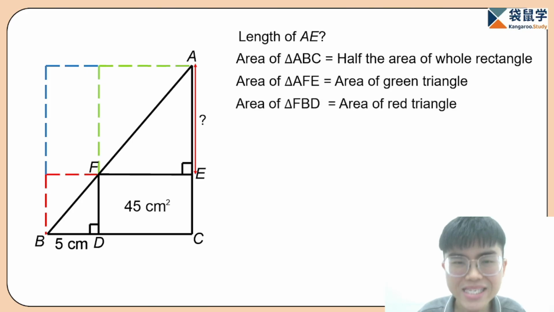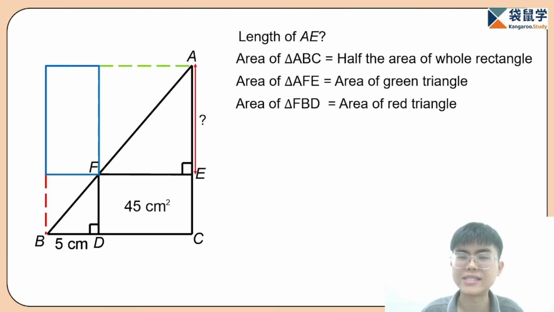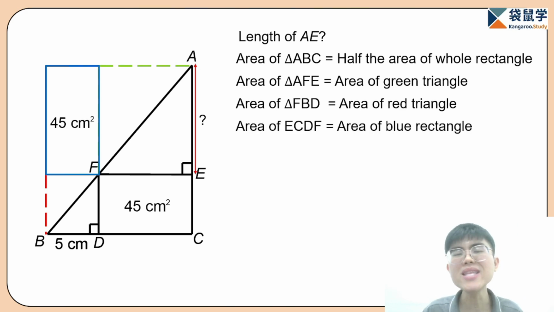They are also the same. So now that we know these three relationships, what can we say about the area of ECDF and the area of this blue rectangle? They are also the same, which means the area of the blue rectangle is also 45 centimeters squared.